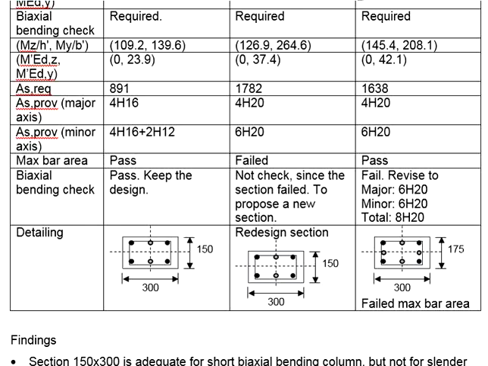Redesigning the sections means you have to go through the calculation steps once again until all the checking requirements, particularly the biaxial bending, pass, and also make sure the maximum bar area is not exceeded.